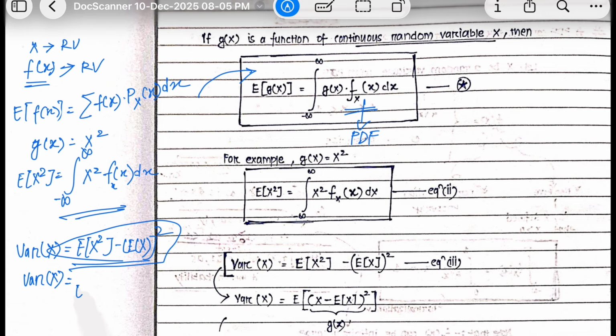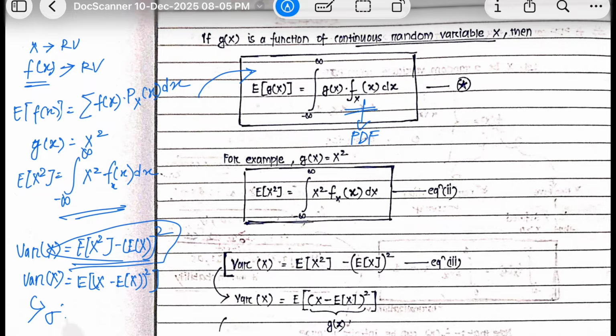The first proof is the expectation of x minus expectation of x, whole square, in terms of our statistics. If you remember the statistics that you are doing, you can remember everything.